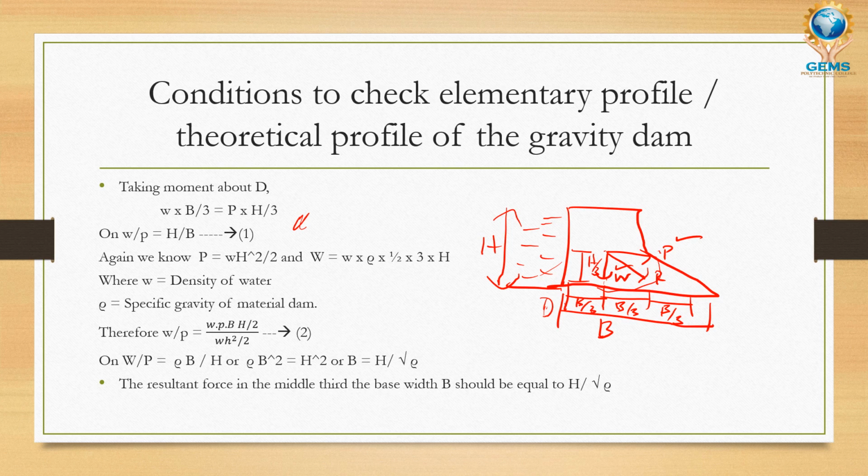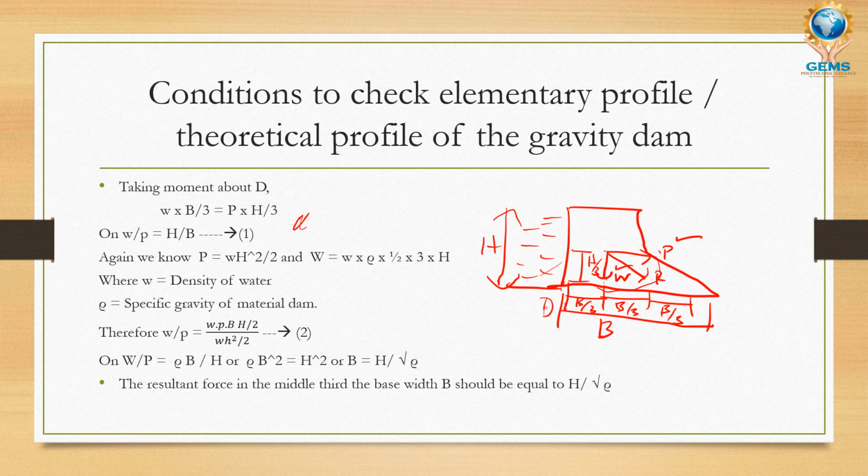Then half into B, where B is our H, and another H will be there. So half H into H, that is H squared, and W is the density of the water, divided by 2, which is coming from the area formula.